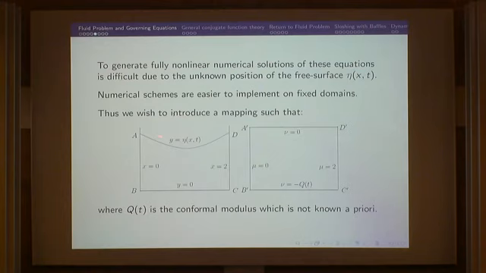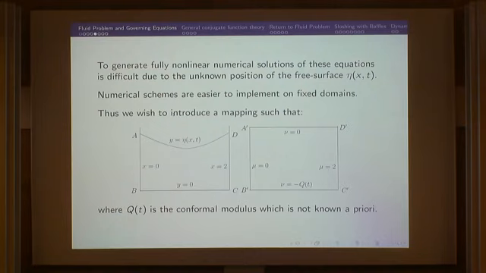And we want to find some mapping that maps this domain to a rectangular domain such that the corners of the domain get mapped to the corners of this rectangular domain, so A goes to A bar, A prime, etc. The sides, x equals 0 goes to some new variable, mu equals 0, and x is 2 to mu is 2.